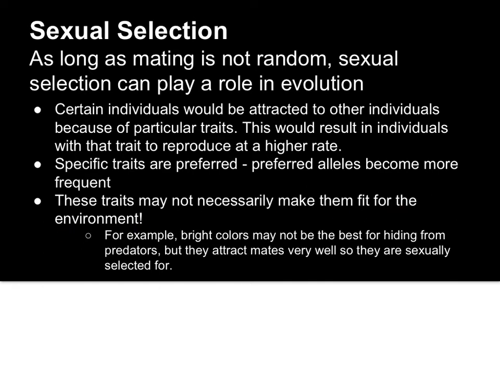That's important: just because something is sexually favored doesn't mean it's going to help them live in the environment. So this can actually counteract natural selection. Bright colors, for example, in peacocks or other animals may not be the best for hiding from predators, but they attract mates very well, so they are still going to be passed on through that population.